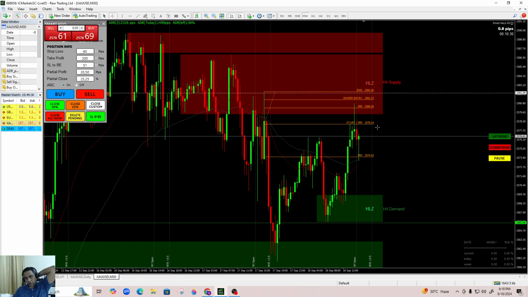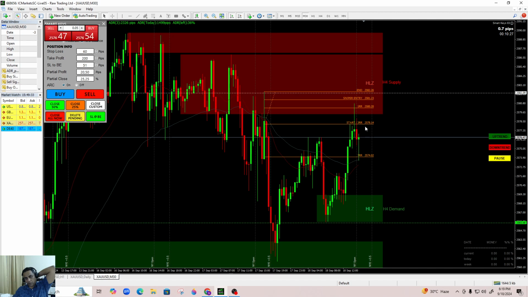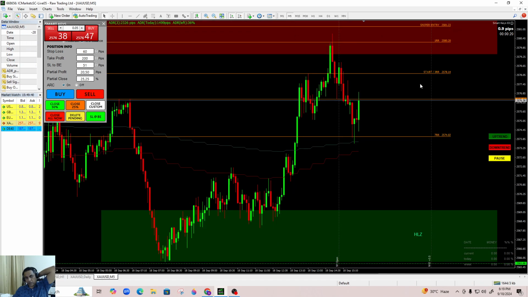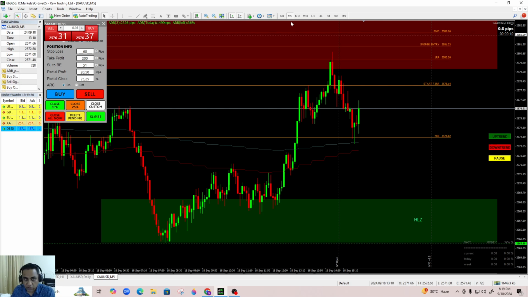Yeah, we might just get a reaction here and then continue down again around this 3RR area. As I've said several times, there's a reason why the fib is drawn the way it is, and there's a reason for these levels. This is not just a random fib. These are not the default settings of the MetaTrader fib.